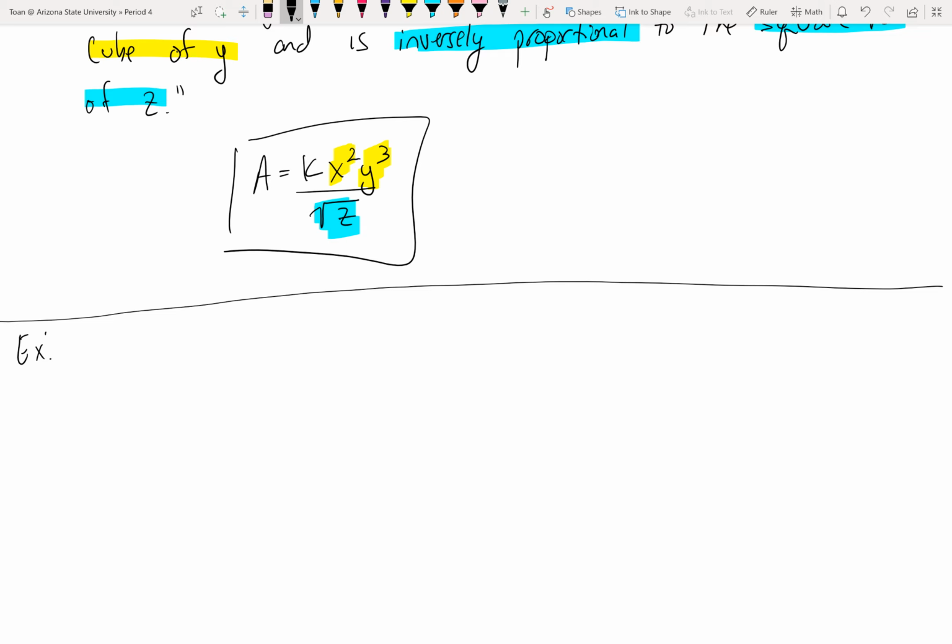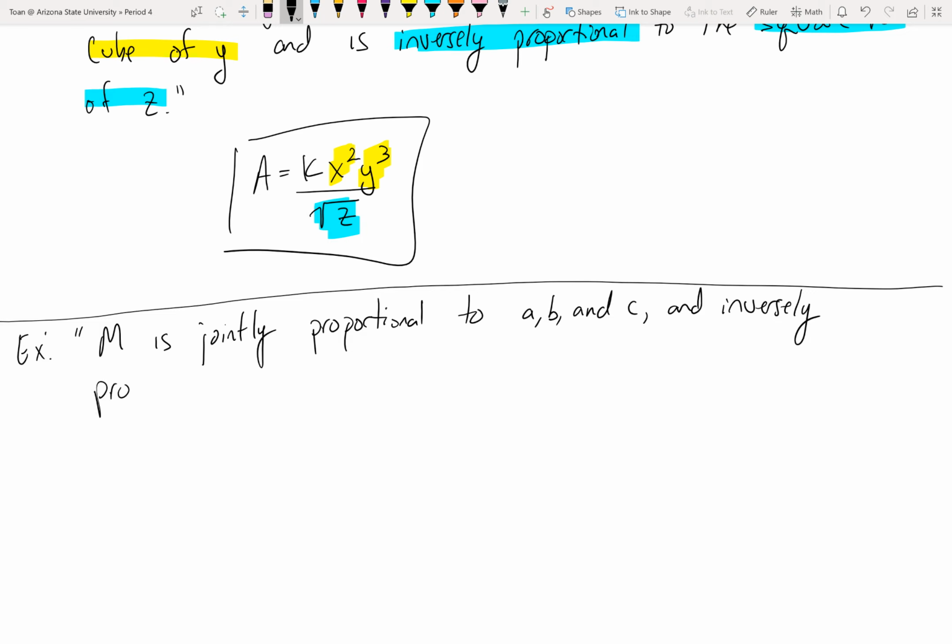For example, they'll give you this phrase here. M is jointly proportional to A, B, and C, and inversely proportional to D.